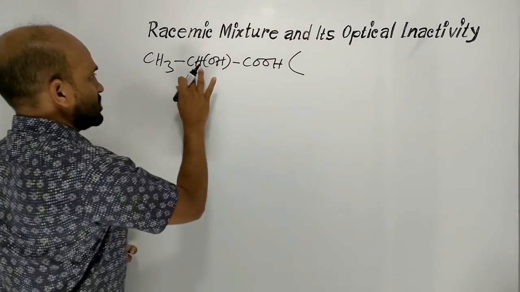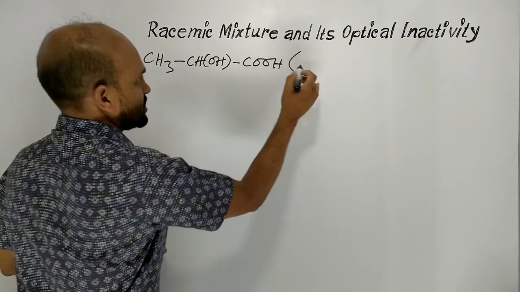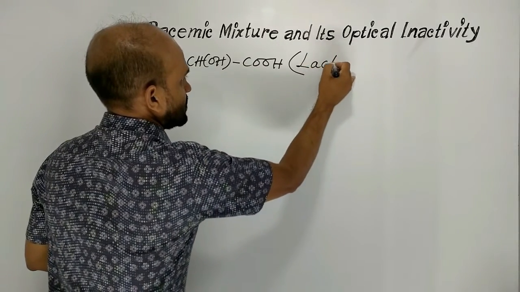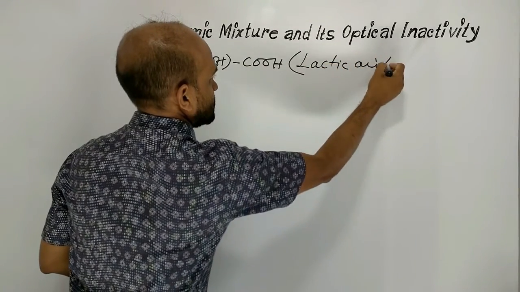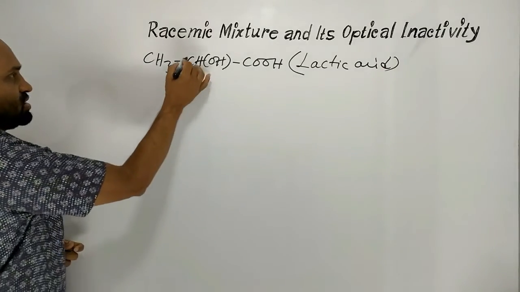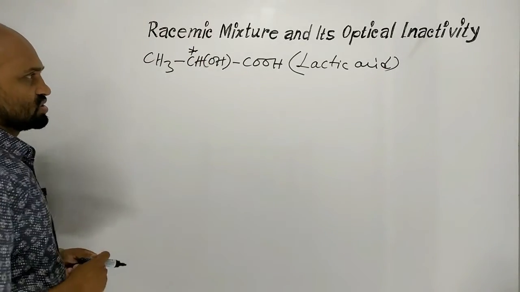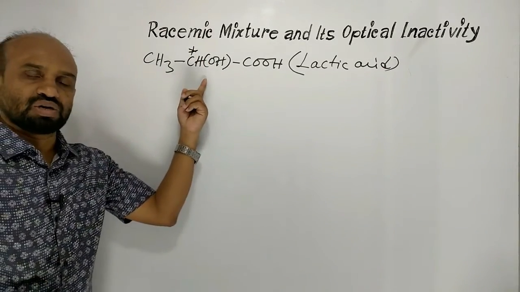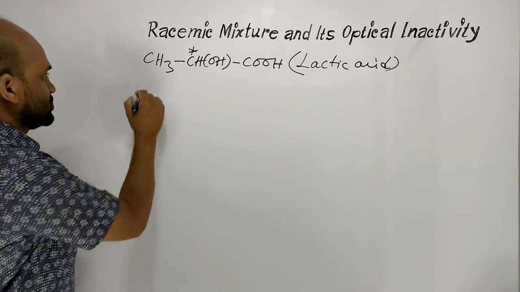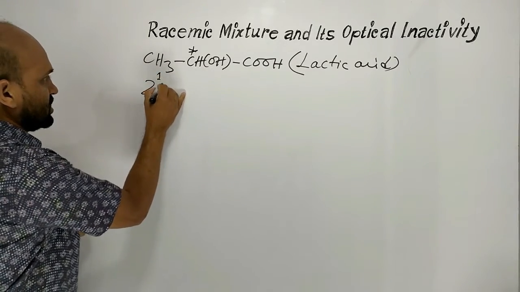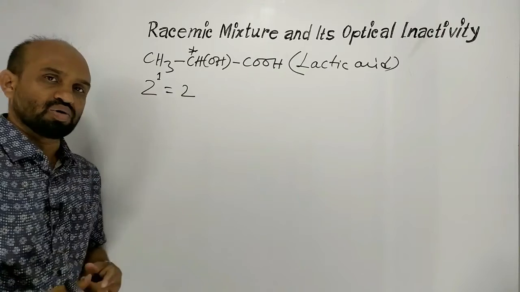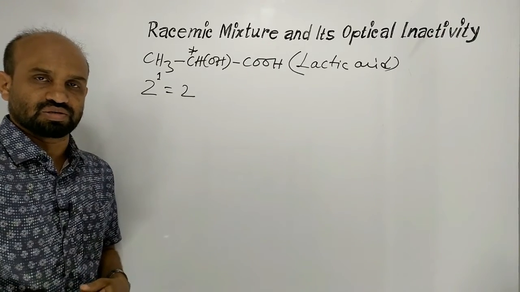This is 2-hydroxypropanoic acid, or simply lactic acid. Here, this is the chiral center. One chiral center, so it has two optically active isomers.